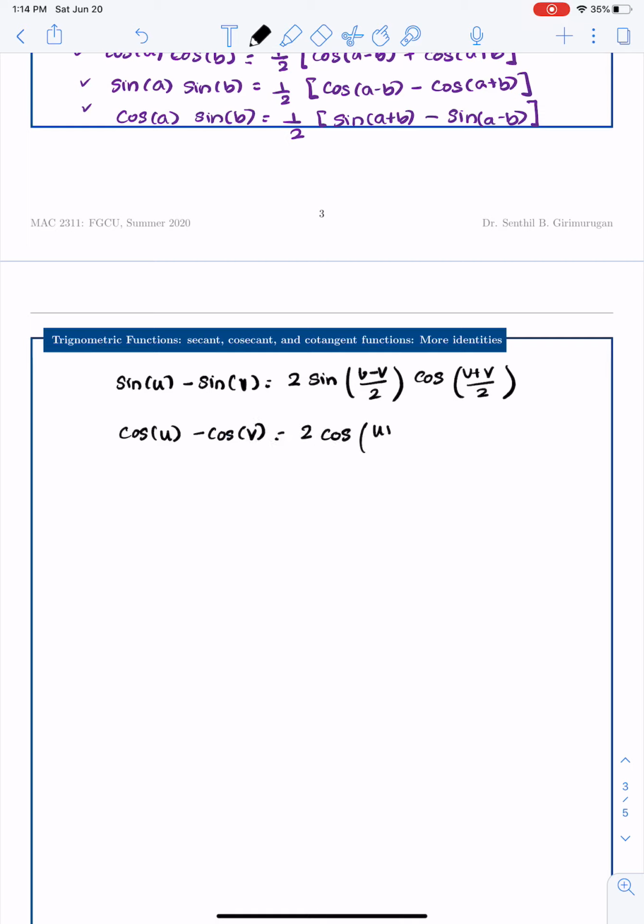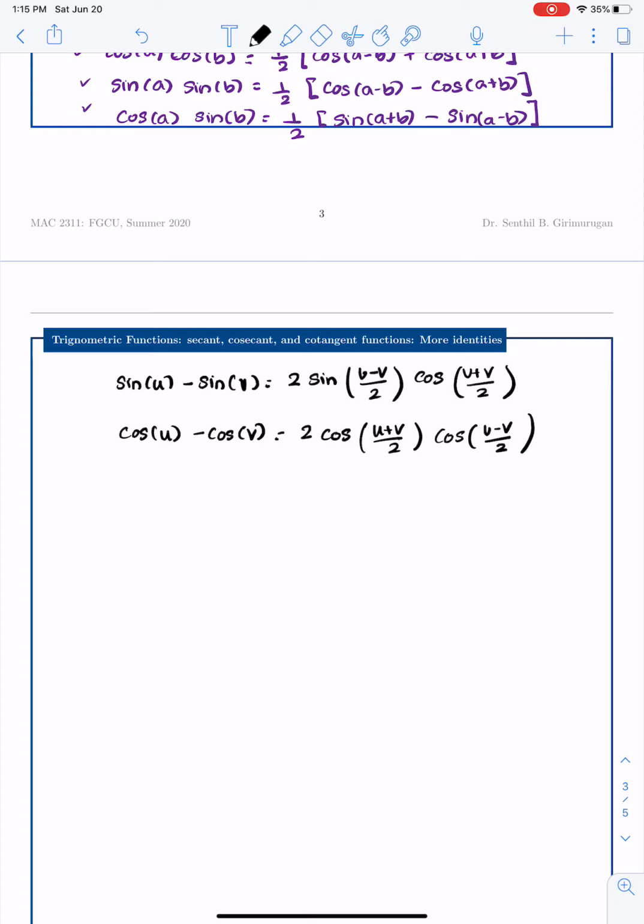So in a similar manner, if we have sine u minus sine v, that would simply be equal to 2 times sine u minus v over 2 cosine u plus v over 2, and cosine u plus cosine v would equal to 2 times cosine u plus v over 2 times cosine u minus v over 2.